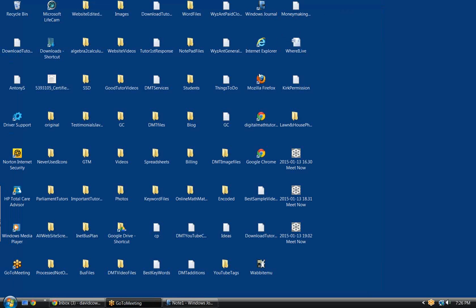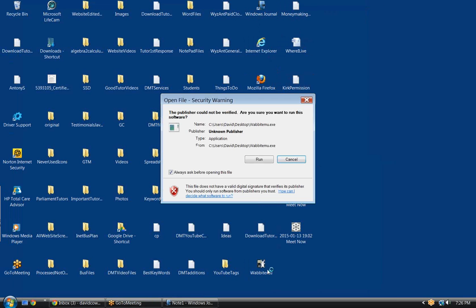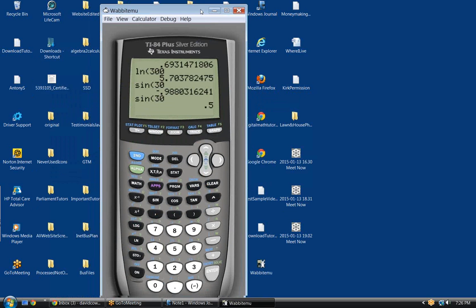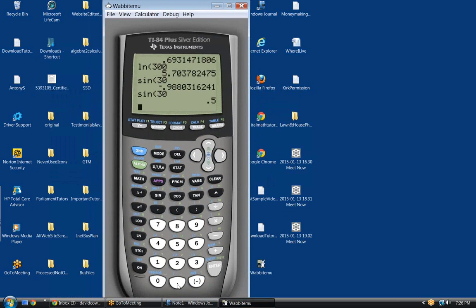Shall I bring up my calculator here? Let's see if I can use this thing. So we want to do 0.15 raised to the 10th power, right?